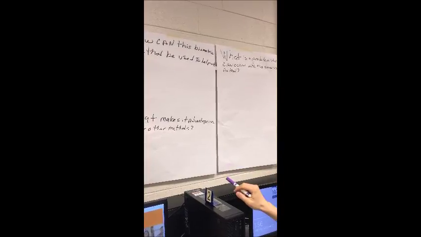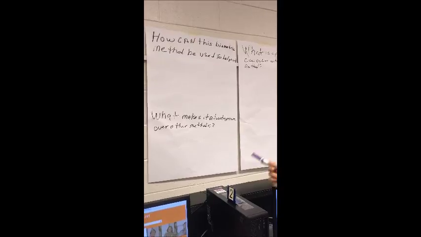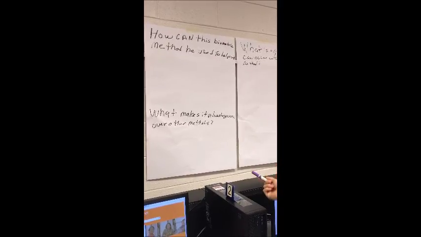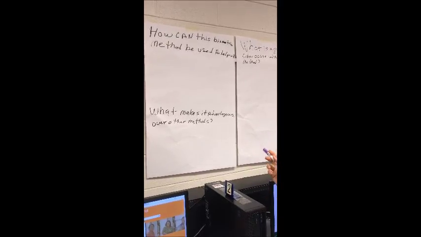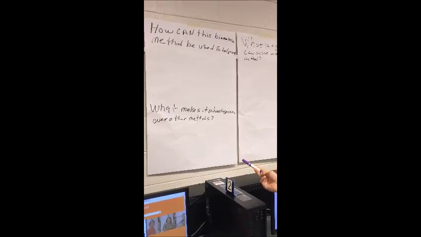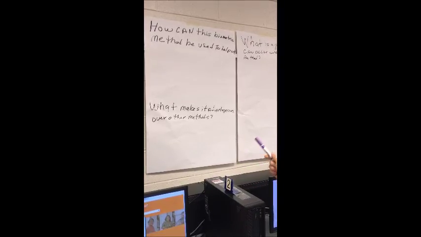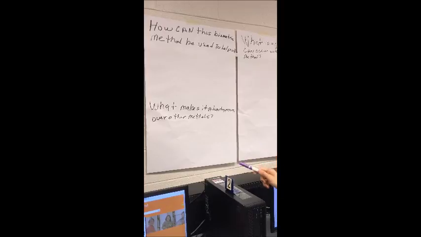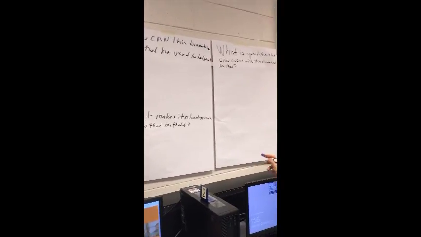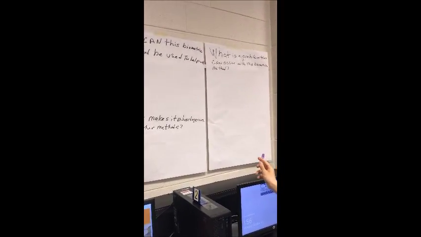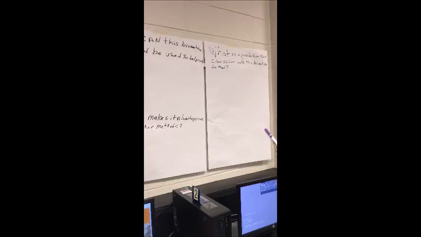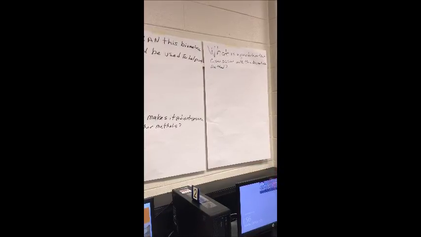An advantage to this biometric method would be: how can this biometric method be used to help us? Or they can alternatively answer the question, what makes this biometric method advantageous over other methods? Then they'll have to list a disadvantage for the biometric method. So what's a problem that can occur with this biometric method?